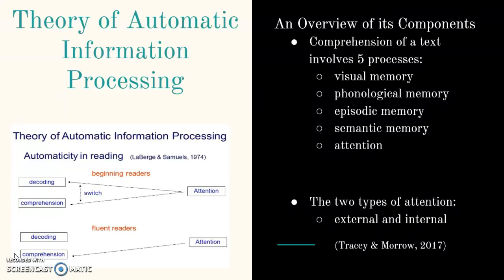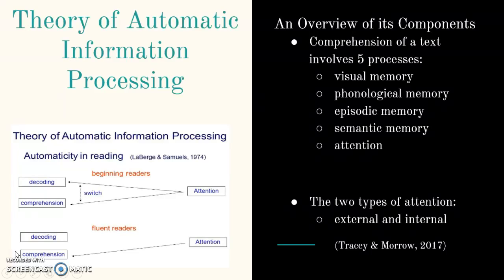The final component of the automatic information processing model is attention. According to LaBerge and Samuels, there are 2 kinds of attention, external and internal. External attention is behavior that can be observed, whereas internal attention is unobservable attention that takes place inside an individual's mind. The image seen here depicts what LaBerge and Samuels referred to as automaticity.